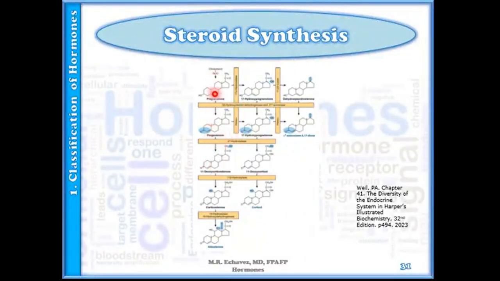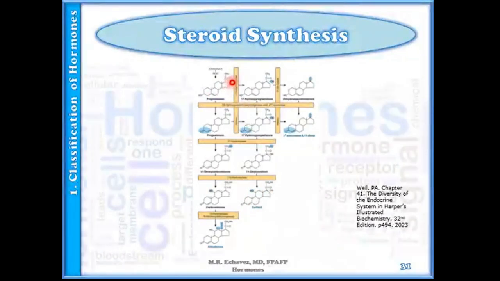You will see here the process from pregnenolone up to aldosterone, and in this pathway you have the hydroxylation at carbon 17 up to yielding cortisol. If pregnenolone is hydroxylated at carbon 17, the pathway leads to the formation of glucocorticoids.